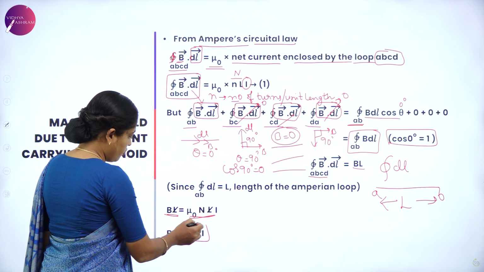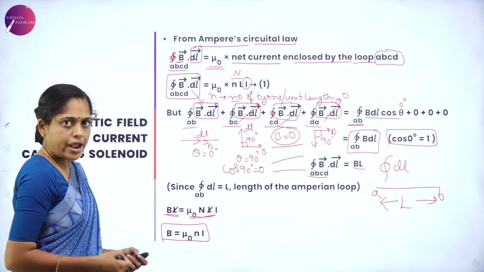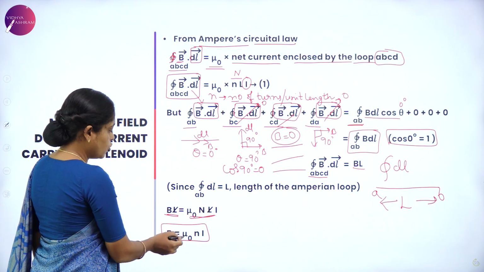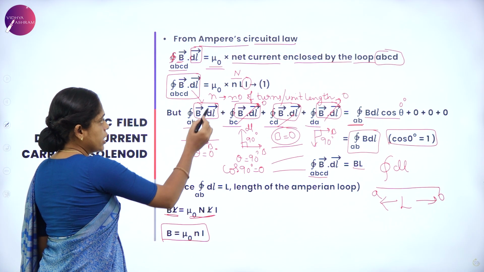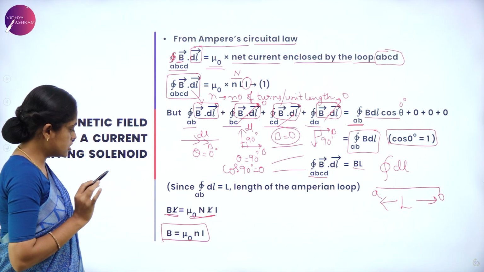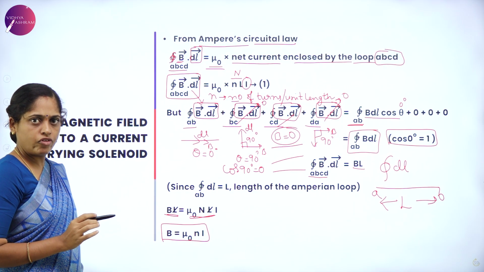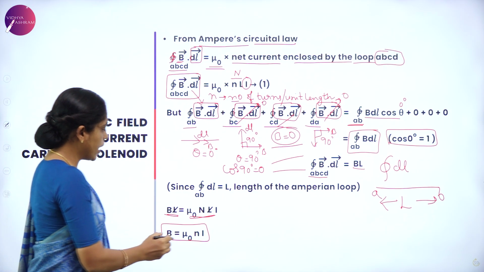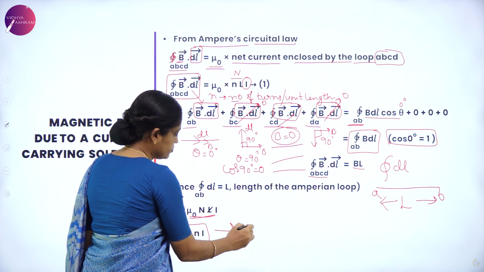Therefore, the magnetic field strength inside the solenoid is mu naught nI, where n is the number of turns per unit length. This is the magnitude of the magnetic field inside the solenoid, and it is uniform.